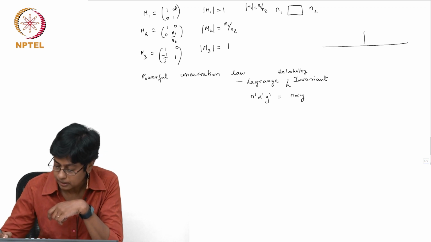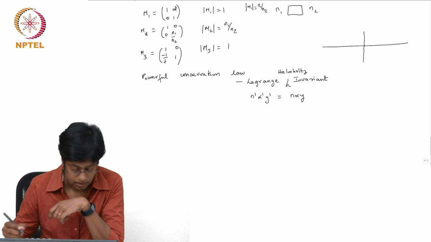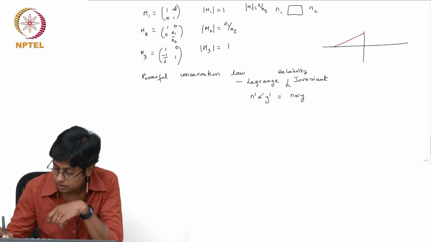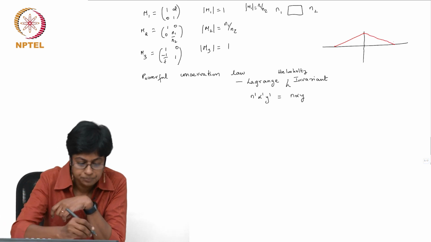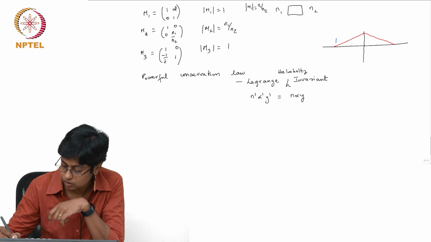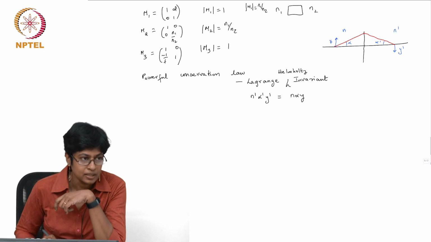So, again I have a lens, I am going to draw a thin lens, so I am drawing it as a line, and I have a ray traveling like this. So, this is an axial ray. I have an object, this is y, this is alpha, I have an image, this is y dash, this is alpha dash, this is n dash, this is n.